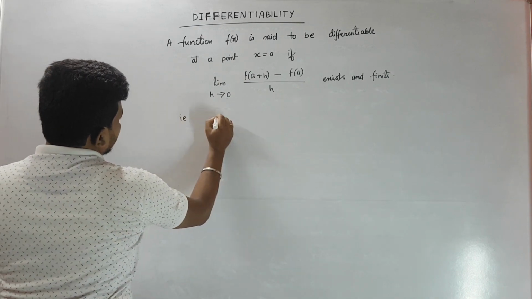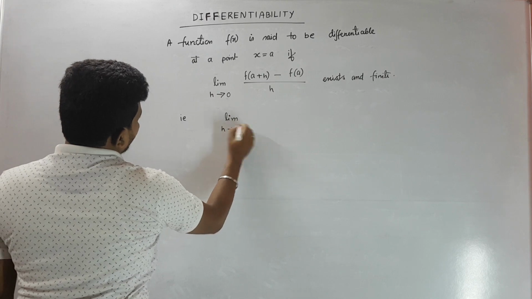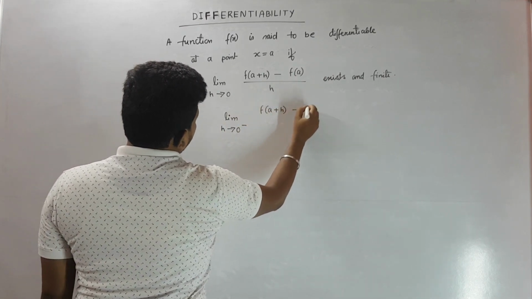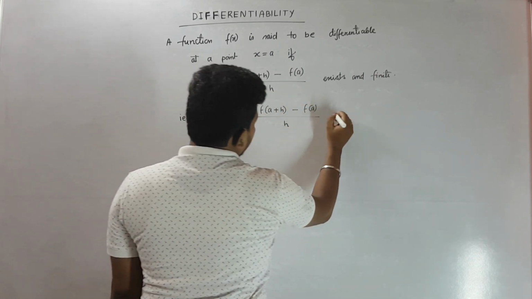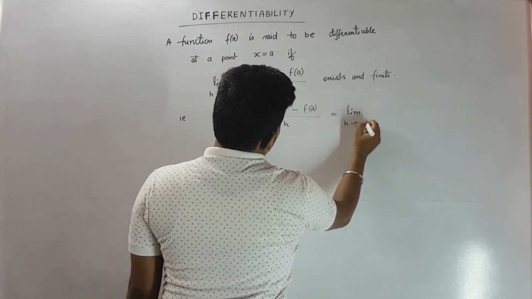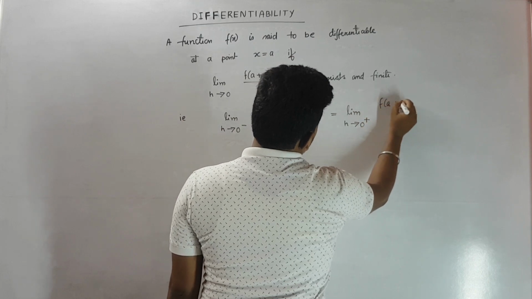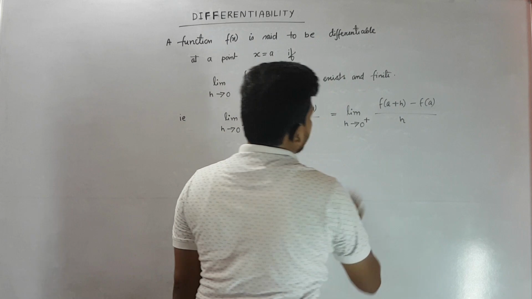That is, limit h tends to 0 minus f of a plus h minus f of a by h is equal to limit h tends to 0 plus f of a plus h minus f of a by h.